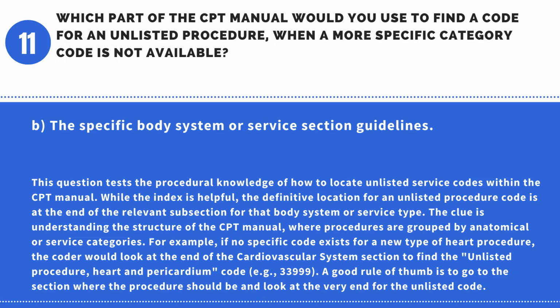For example, if no specific code exists for a new type of heart procedure, the coder would look at the end of the cardiovascular system section to find the unlisted procedure, heart and pericardium code, e.g., 33999. A good rule of thumb is to go to the section where the procedure should be and look at the very end for the unlisted code.